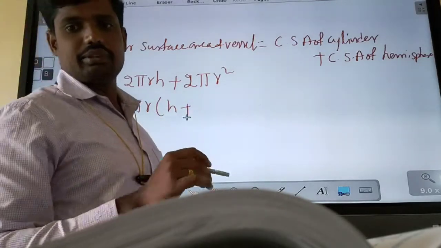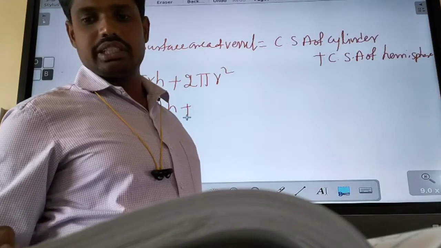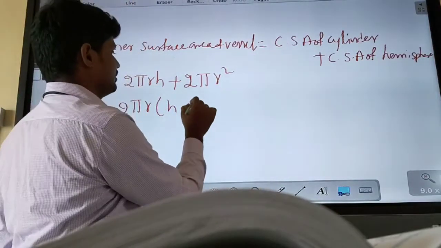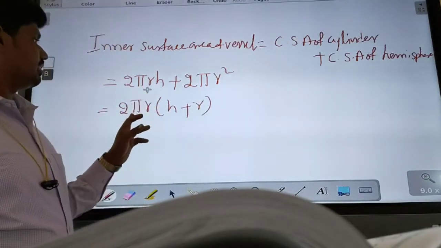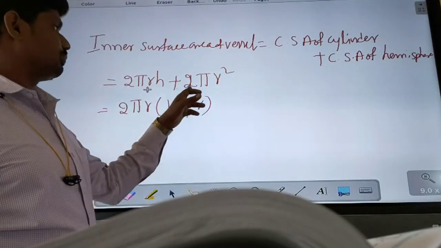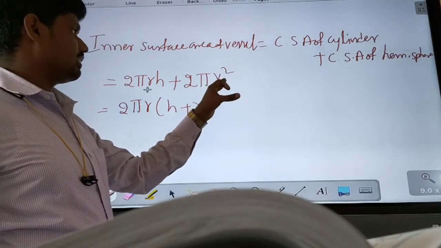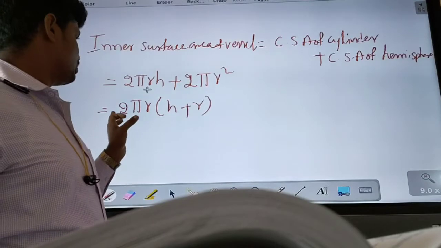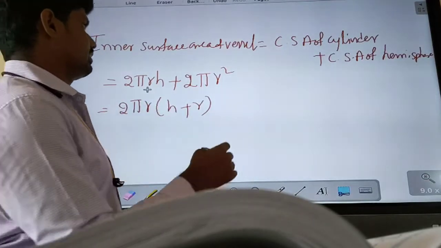Now write the remaining ones: h plus r. r square is written as r into r. Already one r taken outside, remaining one r. So the final formula is 2 pi r into h plus r.